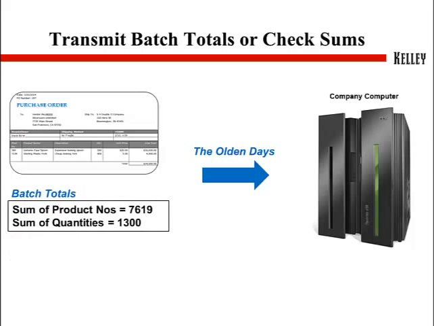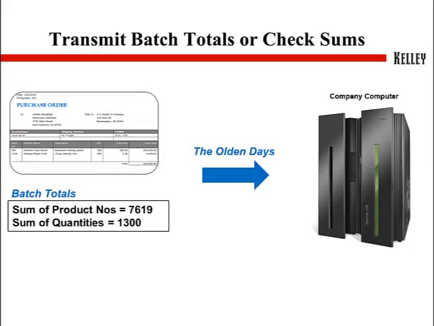Another method, back in the olden days again, is that the purchase order would be transmitted with a second file called a batch total file. A batch total file would be just some numbers that were created as the sums of some numeric values in the purchase order. For example, I could sum up product numbers. Now I know this doesn't mean anything.